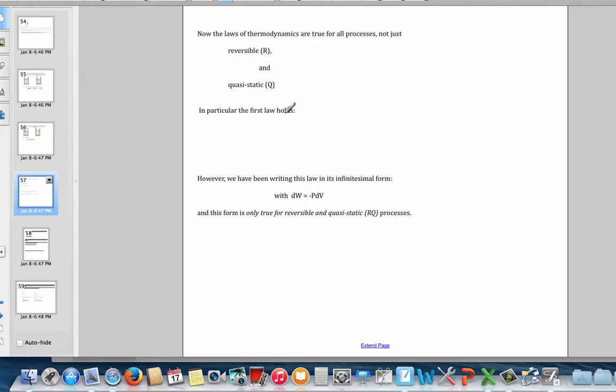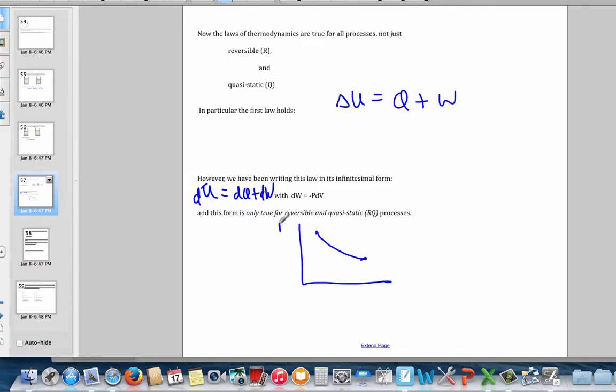not just the reversible and quasi-static ones. So the first law that we've written down here is always true. But to do the sort of calculations that we have been doing, we've been using the first law in its infinitesimal form, dU is dQ plus dW, and we've been integrating over paths in the PV plane.